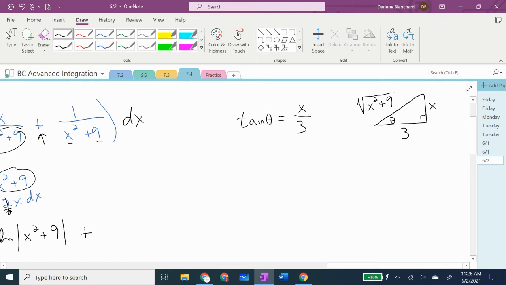Now, once I choose my u for my trig sub, I need my du, so I need to take the derivative. Derivative of tangent is secant squared. Derivative of x over 3 is 1/3.